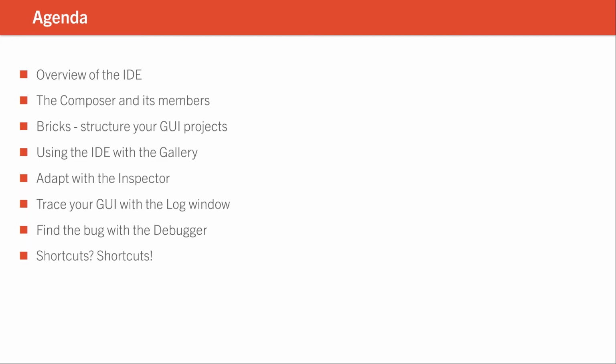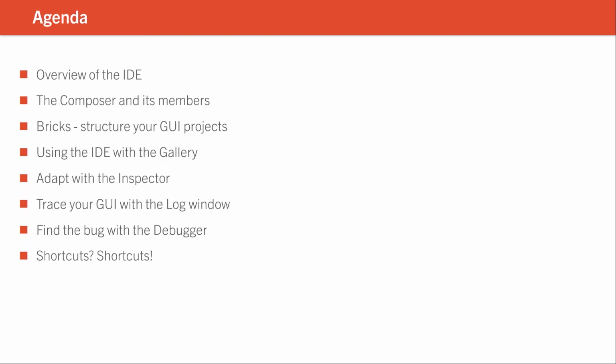That means the Composer and its members. I explain the bricks, which are the visual representation of different items. I'll explain how to use the gallery that you find on the left side of the IDE, and show you the usage of the Inspector and its different meanings. We dive into the log window, which becomes essential especially when you are tracing and debugging your GUI project.